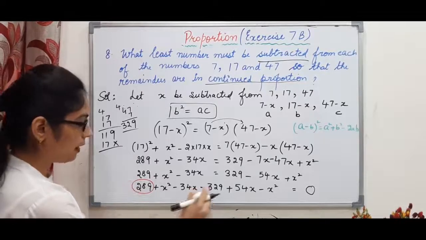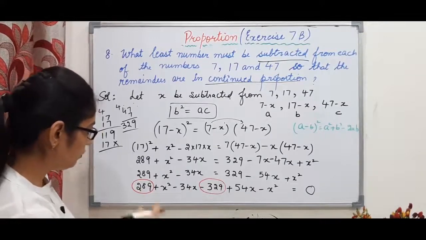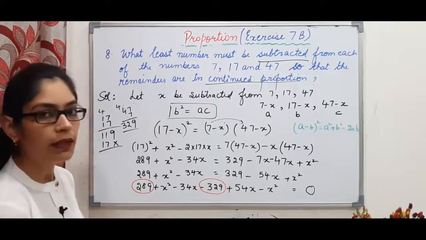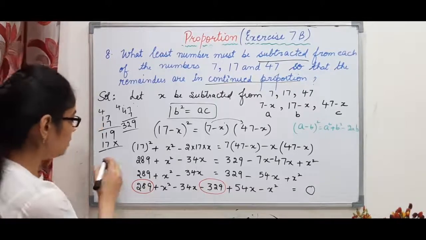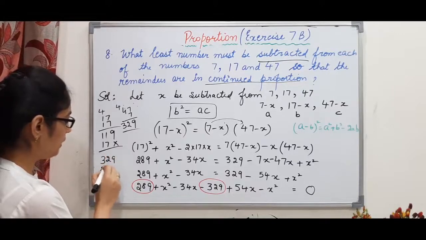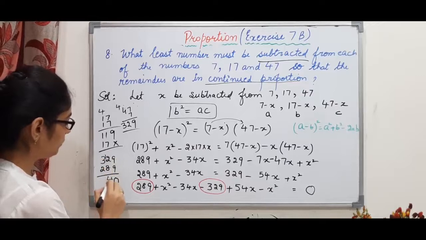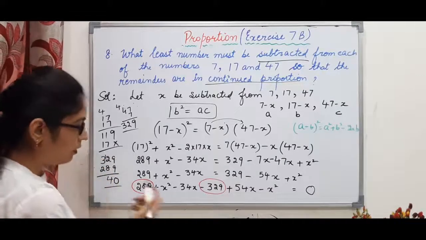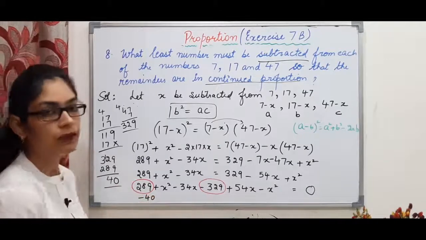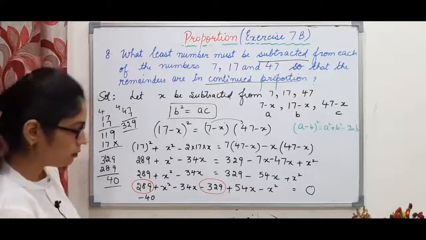Now again we will see like terms and we will solve accordingly. So this 289 and 329, these two are like terms, so we can solve. Plus 289 minus 329, plus minus minus, what, the sign which is with the greater number. So 329 minus 289, we can solve it. So it is 40 but minus 40, because 329 is a greater number, with the greater number minus sign is there, so minus 40.